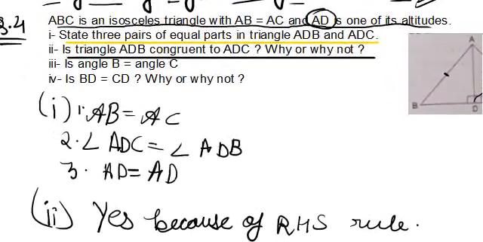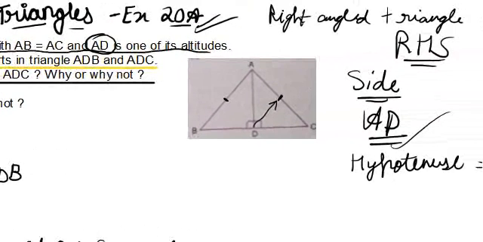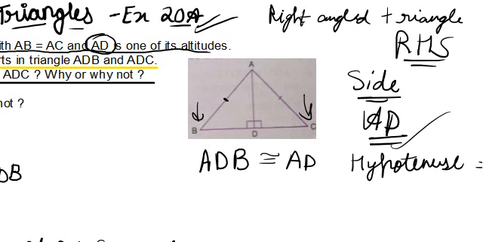Then it says, is angle B equal to angle C? Now you see that this is angle B and this is angle C. Now see, this is triangle ADB, and this is congruent to triangle ADC. Okay, sorry, I forgot to put the triangle symbol.